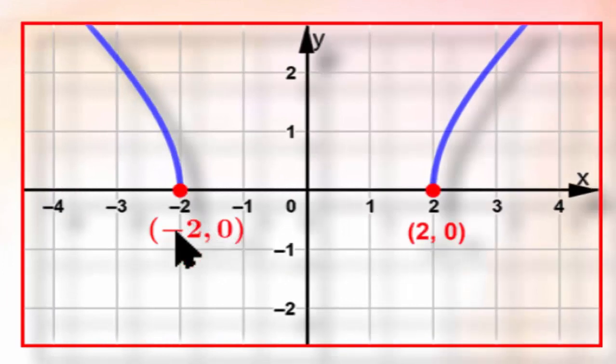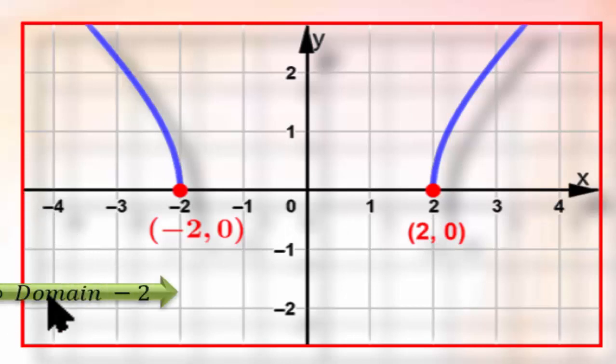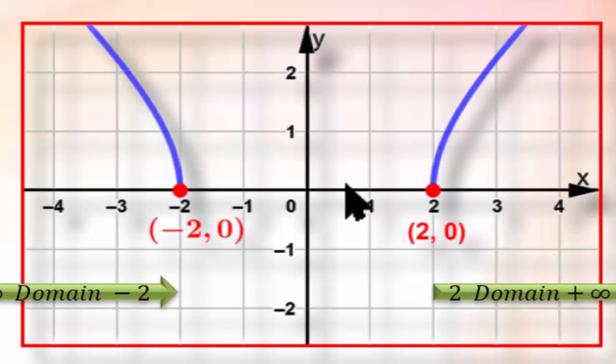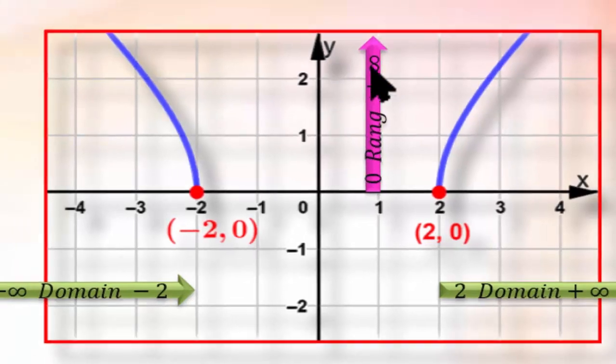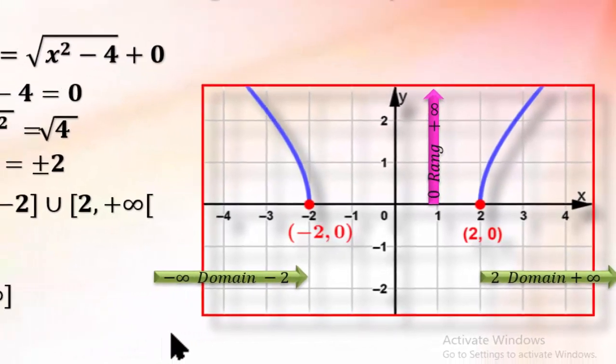For the two values minus 2 and 2, the domain starts from minus infinity to minus 2, then from 2 to the positive infinity. But the range begins from 0 to the positive infinity.